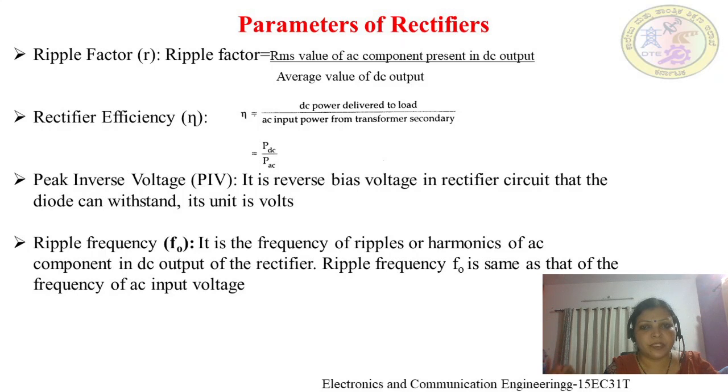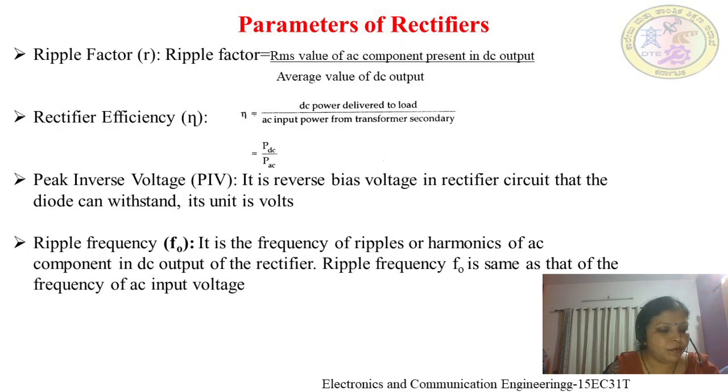Input is nothing but the AC input we are getting from the secondary of a transformer. This is how we are going to measure the efficiency of a rectifier. So this is the efficiency, a measure of performance of a rectifier circuit. It is always measured in percentage. Again it is unitless.